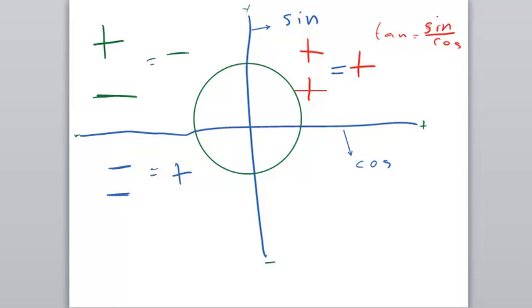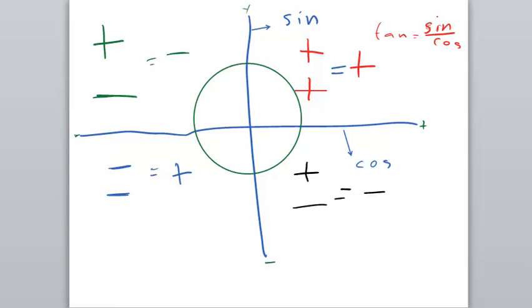Here you could see that cosine is actually positive and sine is negative, and positive divided by negative is negative, so tangent would be negative. As I said, this will also make your life much easier.